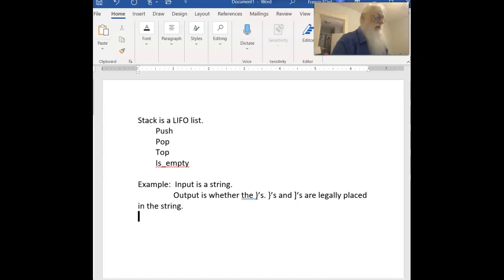So, for example, in the string parentheses 9 plus a close parentheses s close parentheses, the parens are correct.